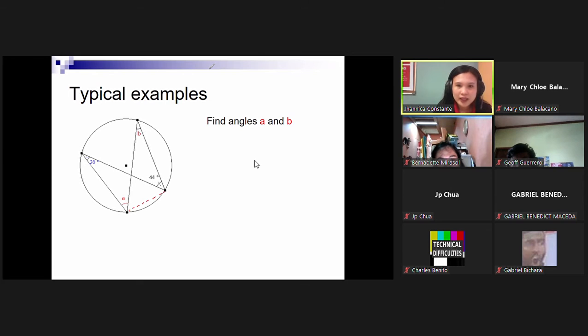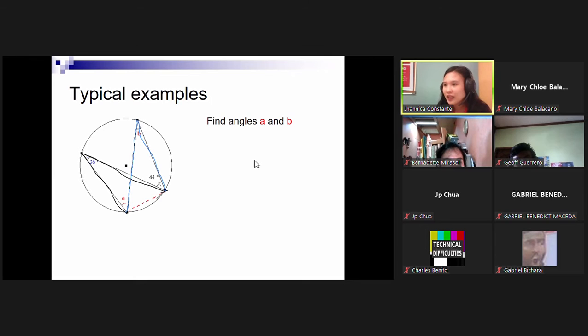One of the triangles measures 28 degrees. So this is the first triangle that we have. The second triangle has a measurement of B, which we don't know yet. Looking at the triangles, and I drew an imaginary chord, are they sharing the same chord?